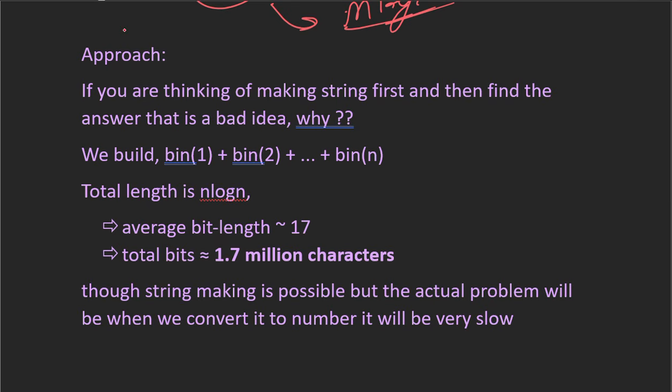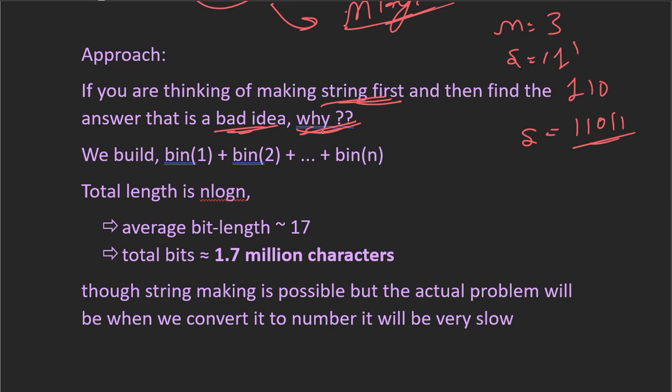So suppose you are thinking of making the string first. Suppose n is equal to 3, and you are thinking that you will first append binary of 1, then append binary of 2, and then append binary of 3, like you will make the whole string. So basically it's a bad idea, and the question is why?